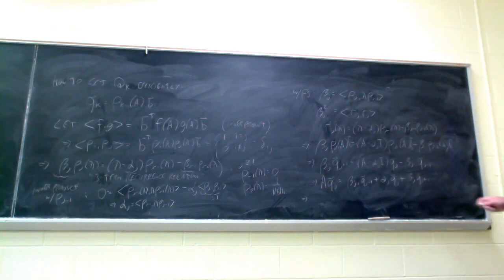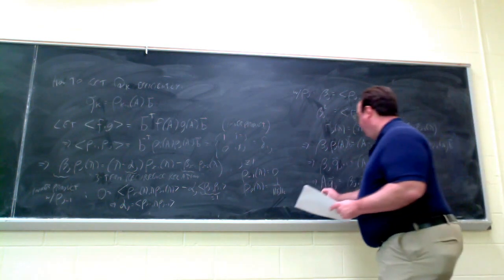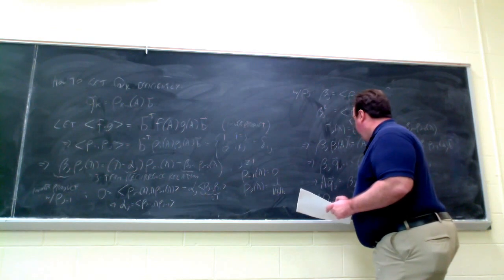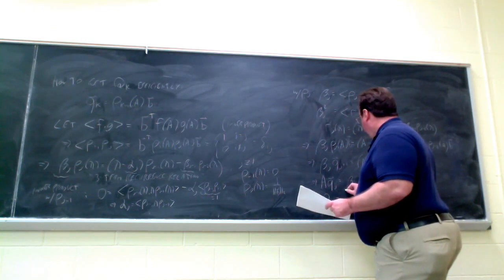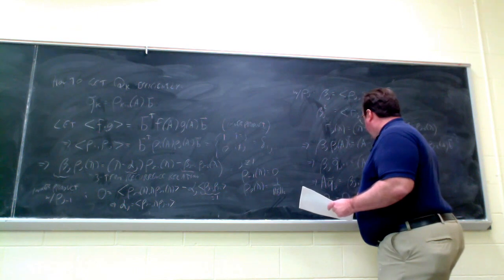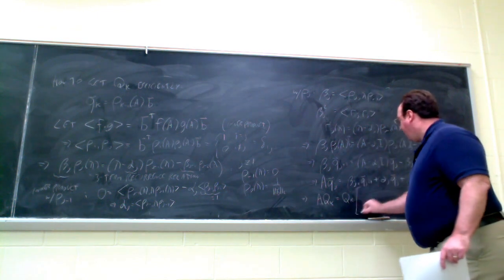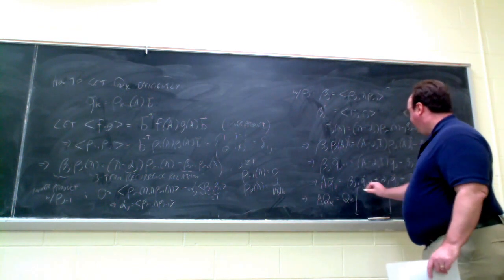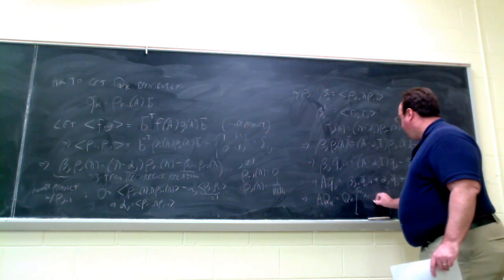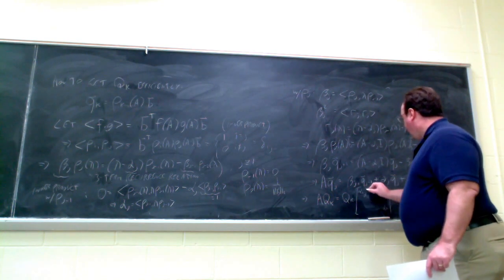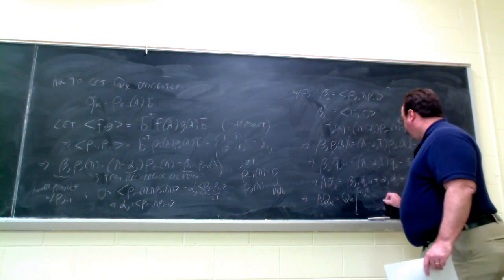Now, if I were to write this relationship out, this is for generic j, but if I were to do it for all j up to a certain point, and put all these together, I have A Qk is equal to Qk times a tridiagonal matrix that has the alphas on the diagonal and betas above and below.